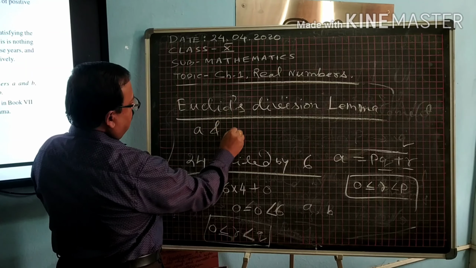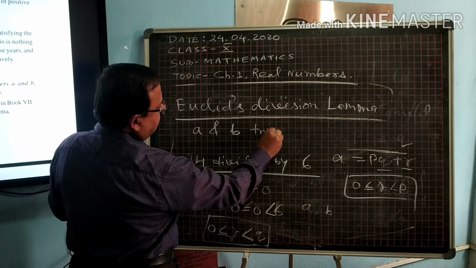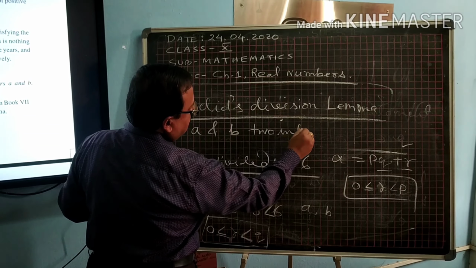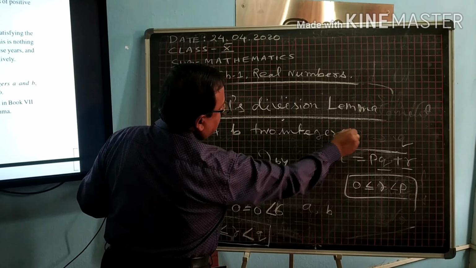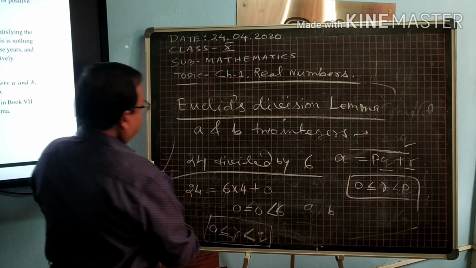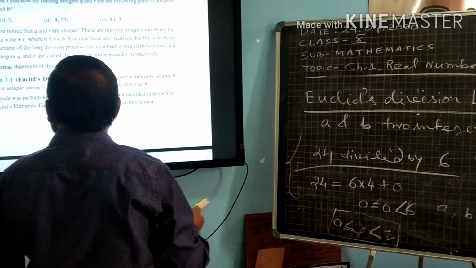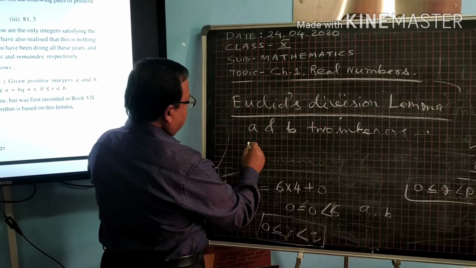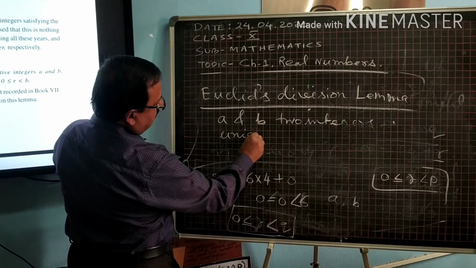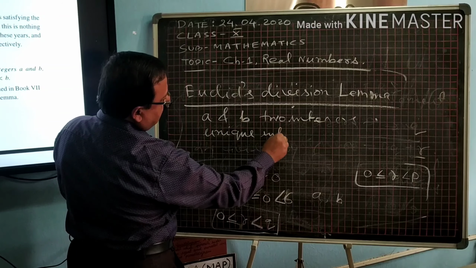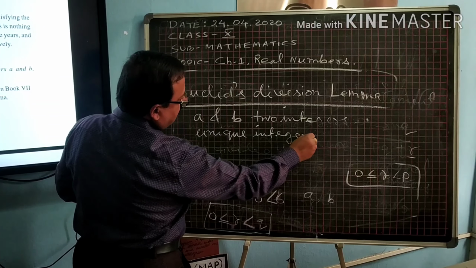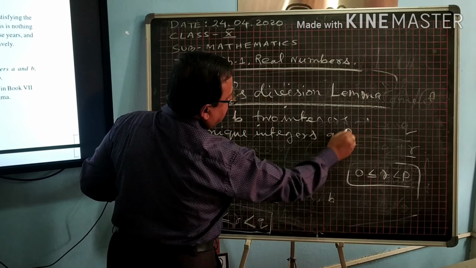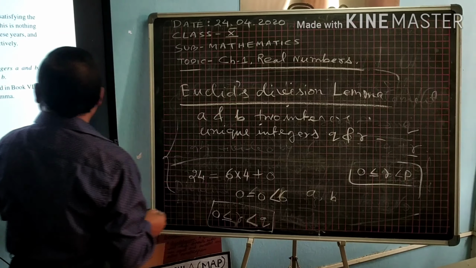A and b, two integers, there exist unique integers q and r satisfying the condition.